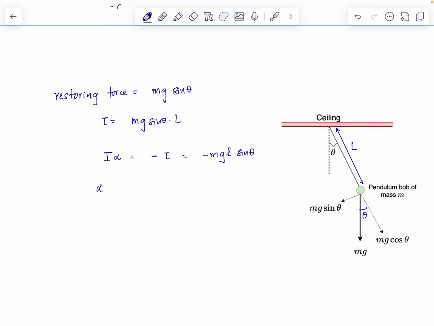So alpha becomes minus mgL divided by I times sine theta, where I is the moment of inertia.